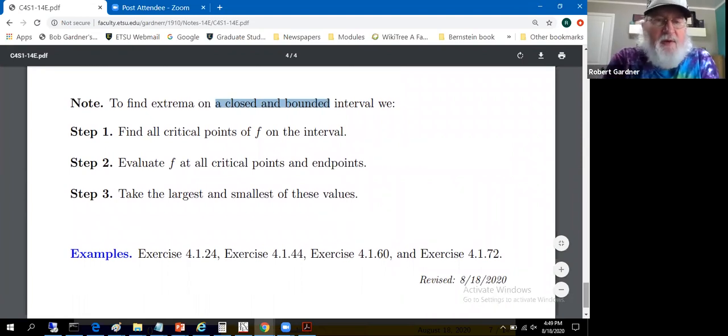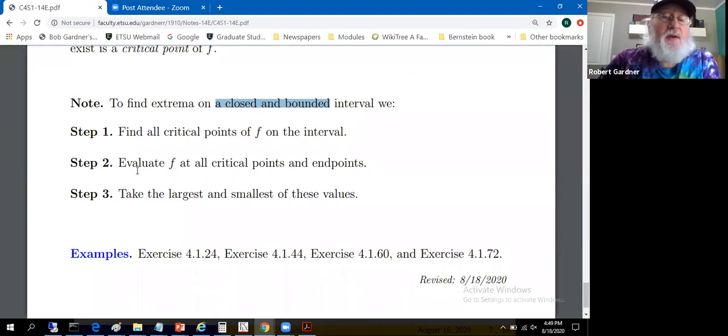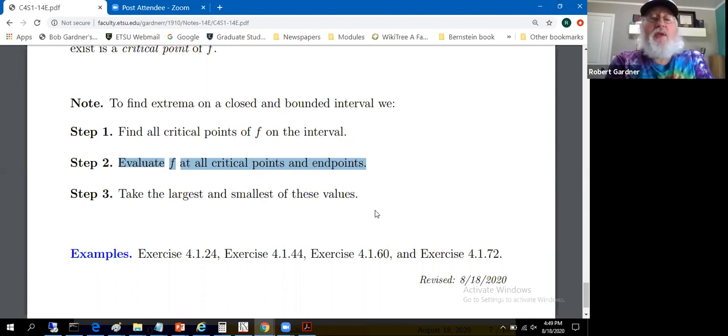That's why I forget the name of it sometimes. To find these extrema, all we have to do is find the critical points, evaluate f, check the value of f at the critical points and the endpoints. That'll give us the absolute max and the min. Just take the greatest and the least of these values, and that will give you the absolute maximum and absolute minimum, respectively.